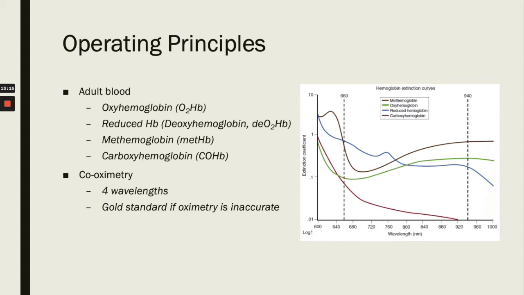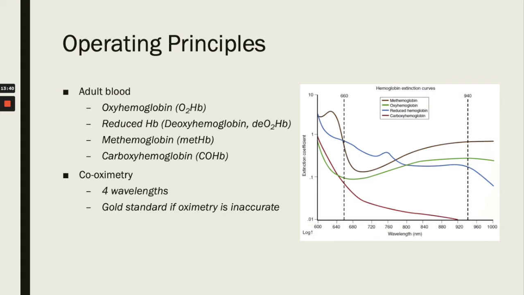Co-oximeter probes are available. They measure all 4 types: oxyhemoglobin, reduced hemoglobin, methemoglobin, and carboxyhemoglobin. And this is the gold standard if the pulse ox is inaccurate, or if a pulse ox cannot be used. Co-oximetry is the gold standard.